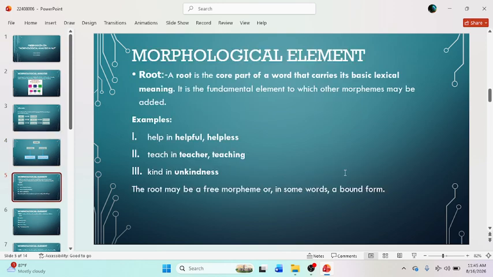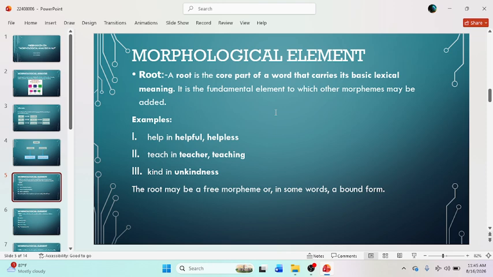Now I am going to the next slide. Here I am discussing the morphological elements. There are three types of morphological elements. One is root, second is stem, third is affix. First I am going to discuss the root. A root is the core part of a word that carries its basic lexical meaning.